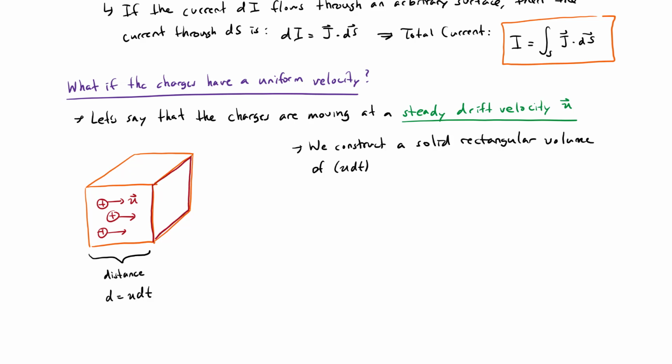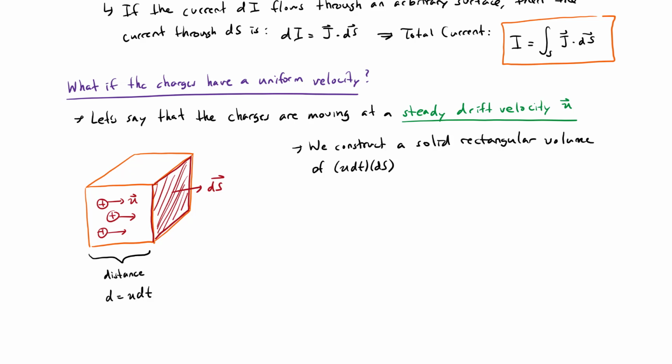What about this? This entire thing is ds. So we're only taking a small differential volume element. So all the charges are going to pass through a surface area on the right. So therefore we multiply by ds to get the volume.